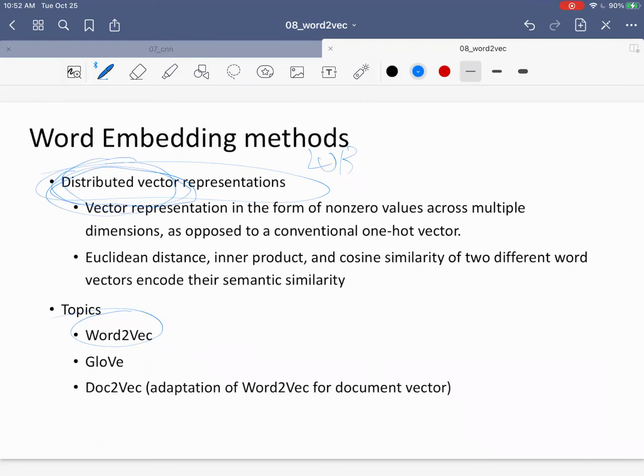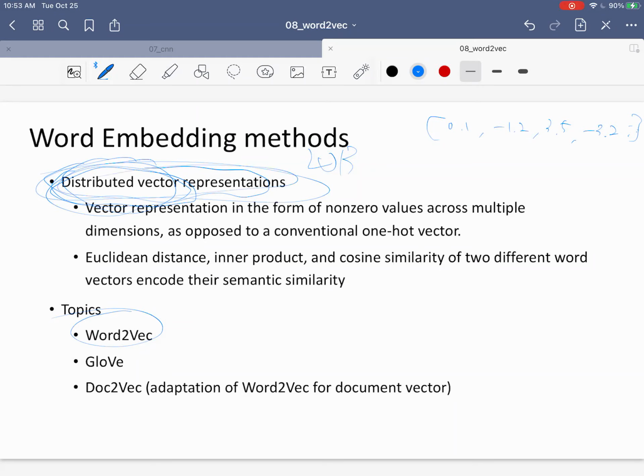So in contrast to that, distributed vector representation of a word is where your word vector or word embedding is like this, like 0.1, negative 1.2, 3.5, negative 3.2, something like this. Basically, your word representation consists of continuous float values. So it's not discrete, integer values anymore.